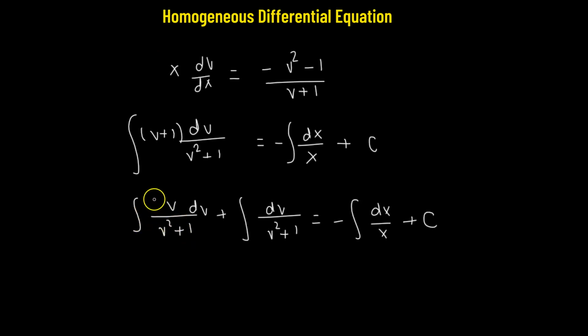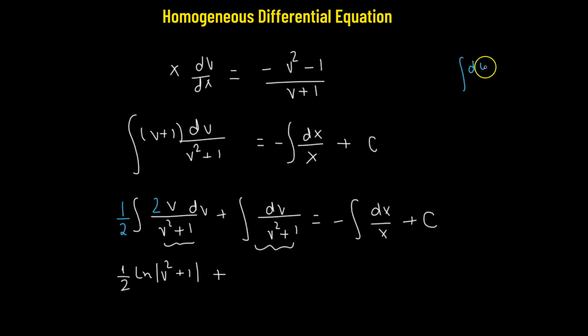To integrate the first term, we're going to multiply by 2 and divide by 2, and use the method of substitution. If we substitute v squared plus 1 equals t, this is going to easily help solve this integral, and that will give us half natural log of v squared plus 1 plus, this is a straightforward formula. Let me note it down.